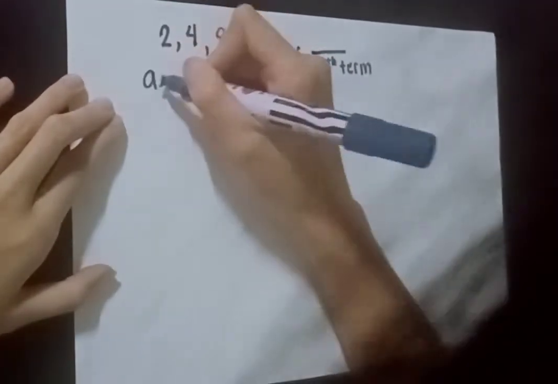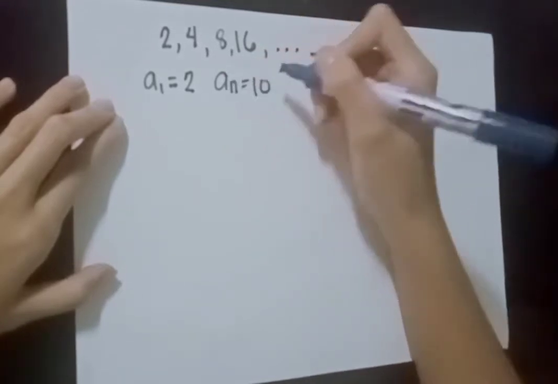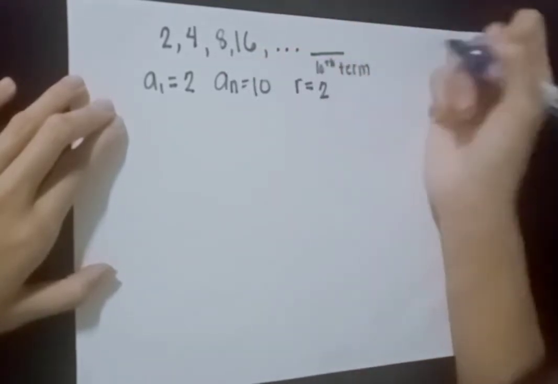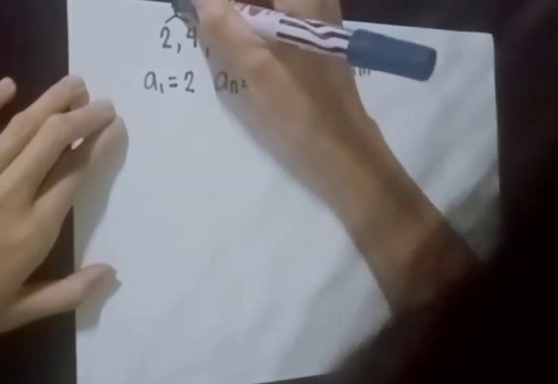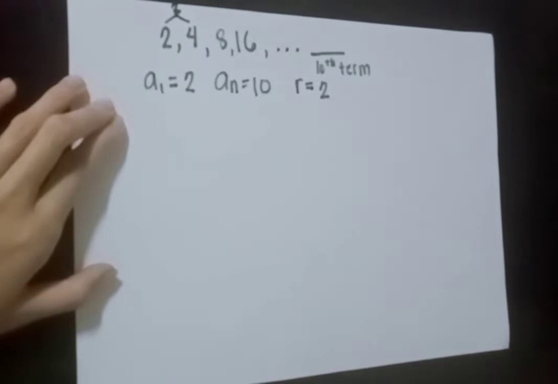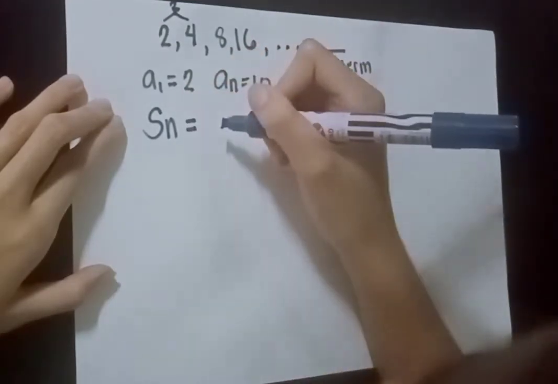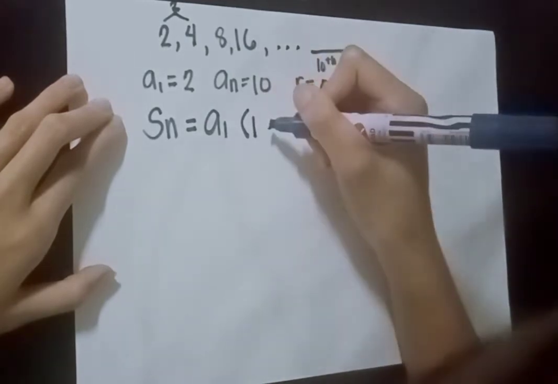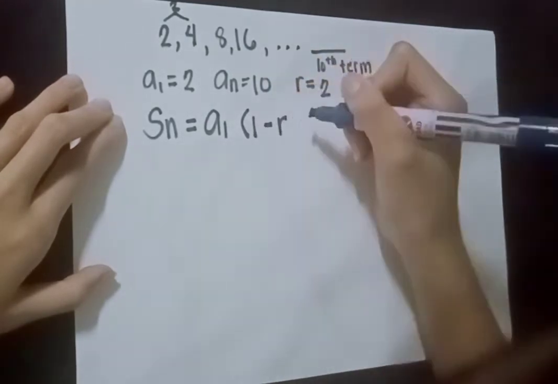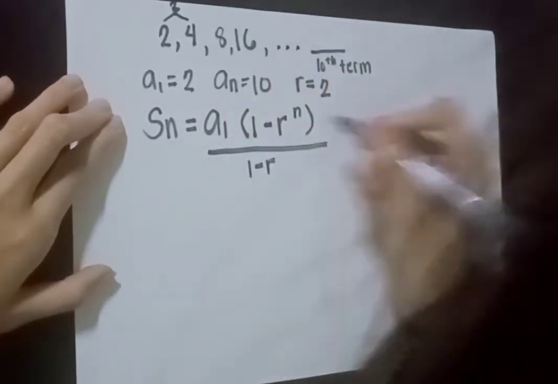Our first term, or a sub 1, is 2, our n is 10, and our common ratio is 2, because the second term divided by the first term, which is 4 divided by 2, is equal to 2. So 2 is our common ratio. And now, let's proceed. Our formula Sn, or the sum of the n terms, equals the first term times 1 minus the common ratio raised to the nth term, divided by 1 minus the common ratio.